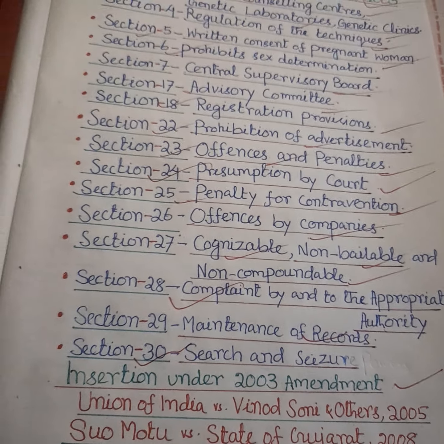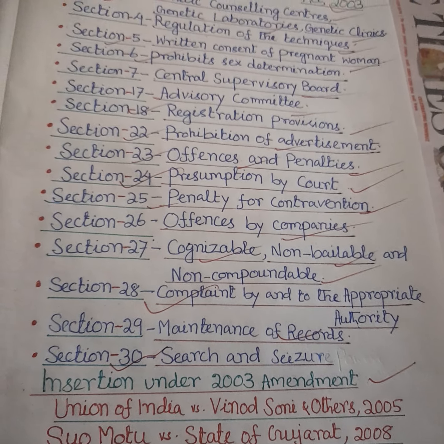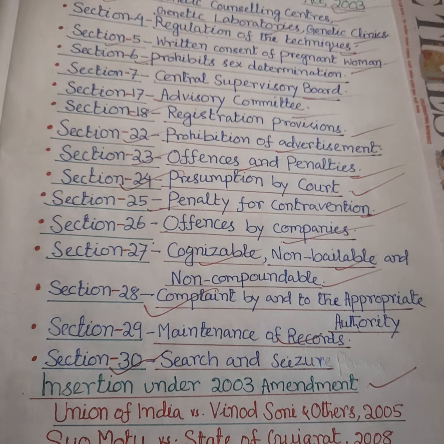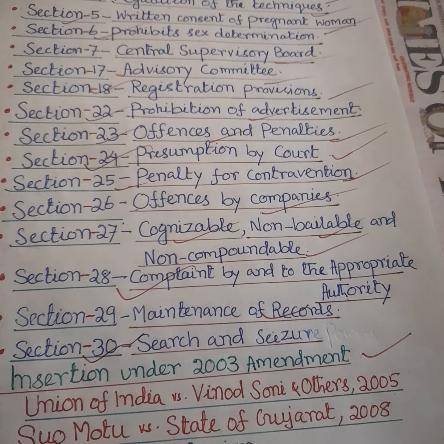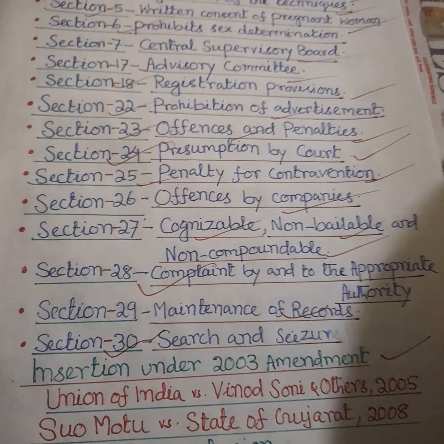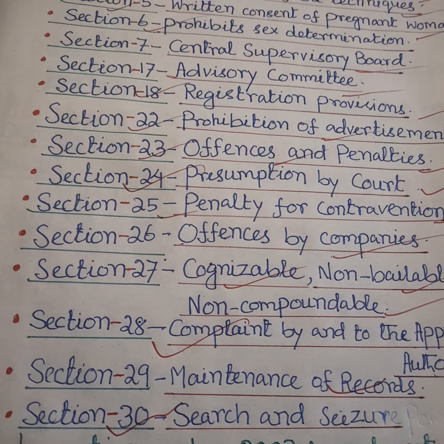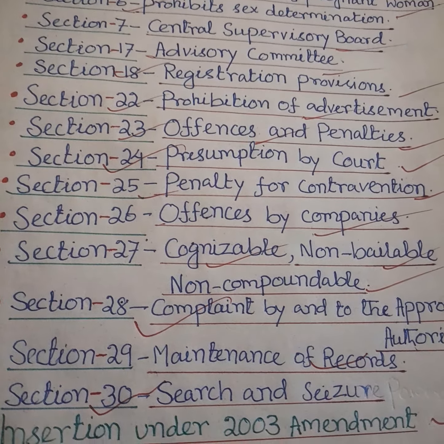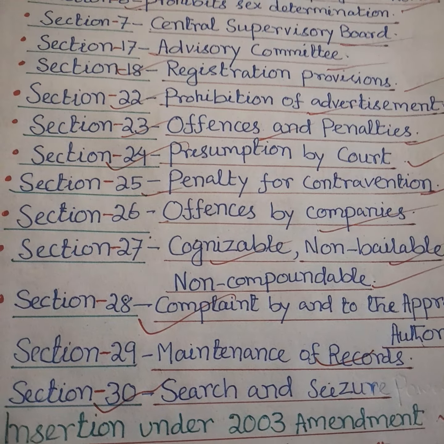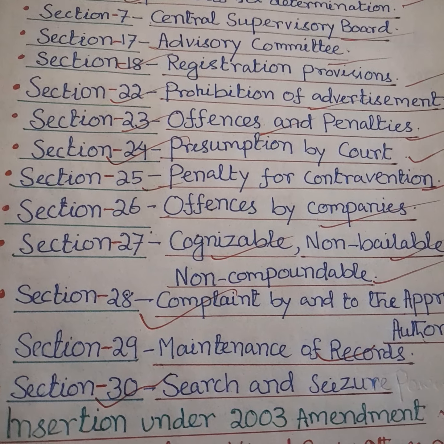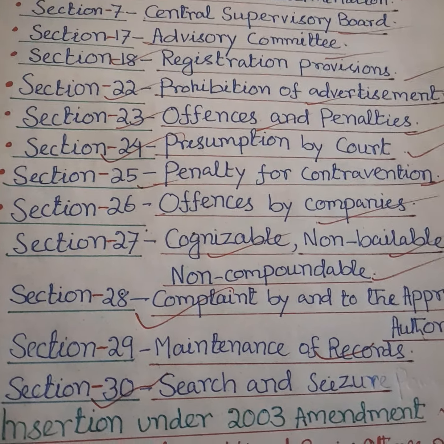is Union of India versus Binod Soni and others, which was decided in 2005. In particular, this leading case relates to the petitioners, who were a married couple. They had essentially raised two arguments against the Act's constitutionality.